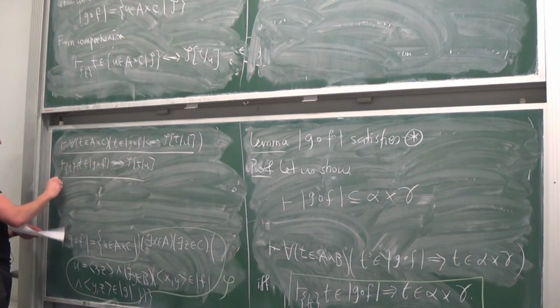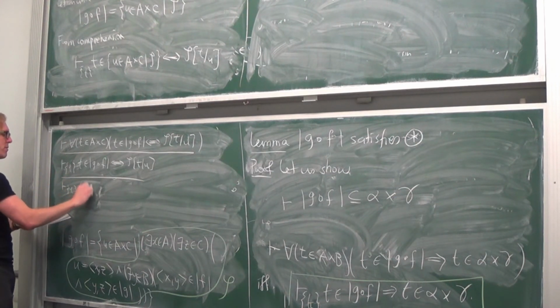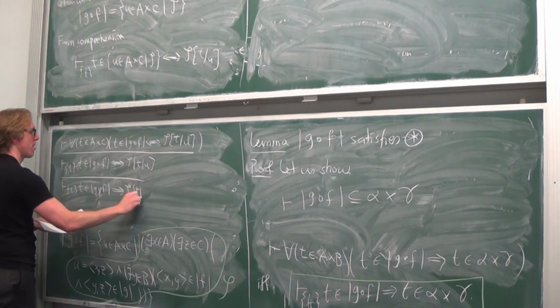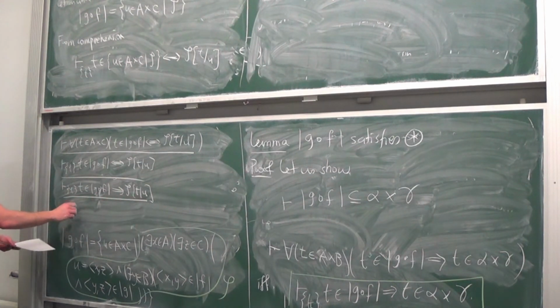That's just an and, so from it I can deduce the one-way implication, which goes from left to right. And then I can move this over to the left, right?